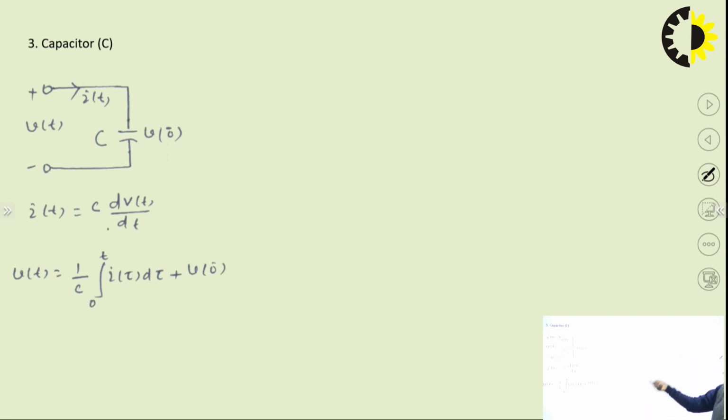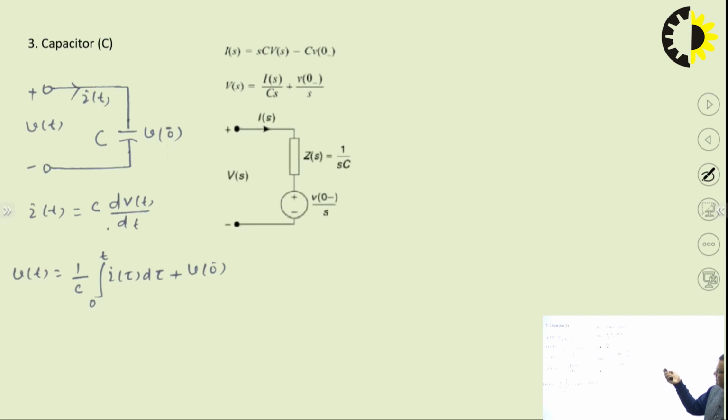If we apply the Laplace transform on these two equations, we first get I(s) equal to sC V(s) minus C V0. This is the expression for the voltage, and for this we can have this equivalent circuit diagram in the S domain. This is the time domain, this is the S domain. Similarly, we can have the expression for the current, and this is the circuit diagram for the current.